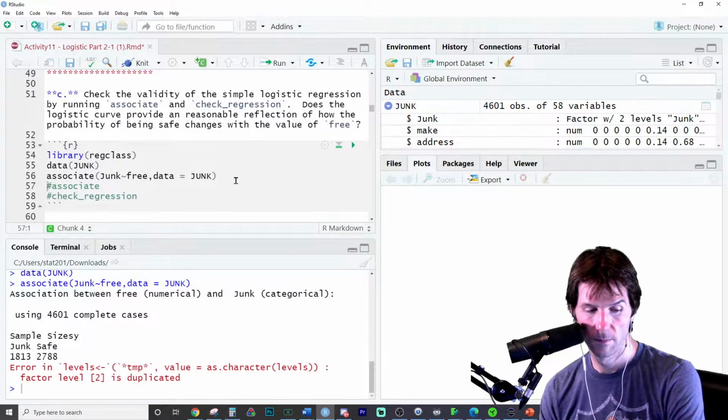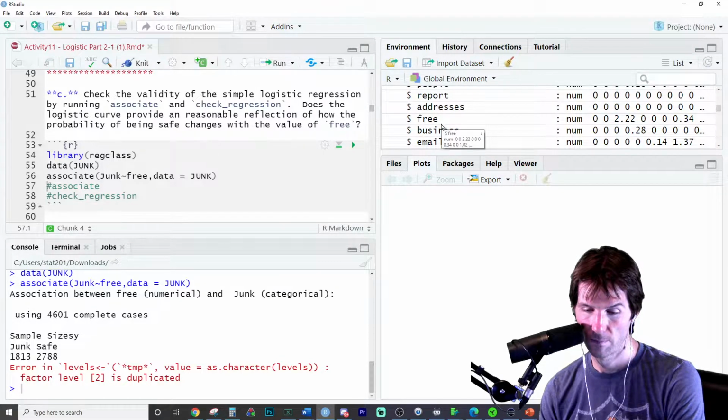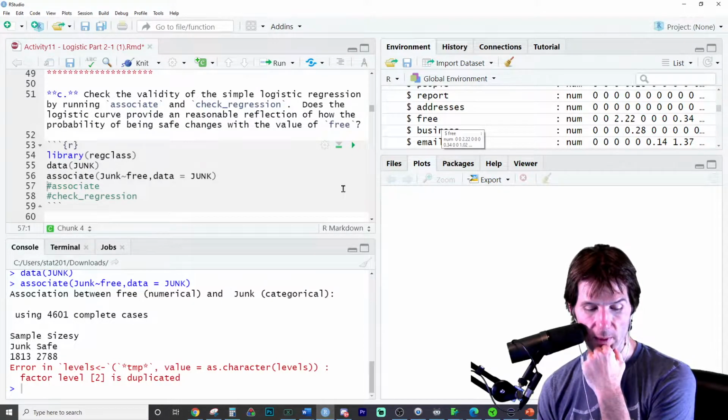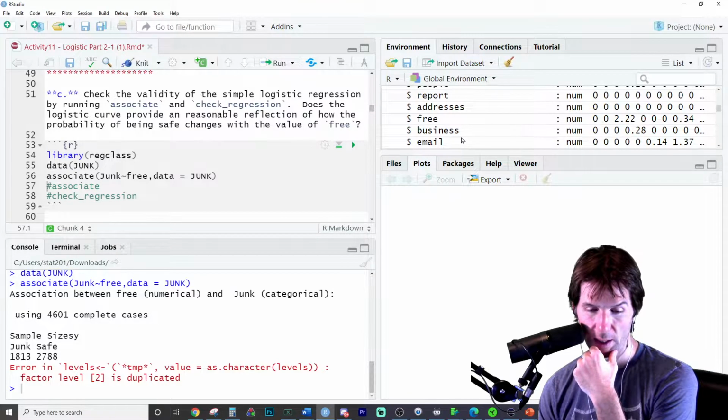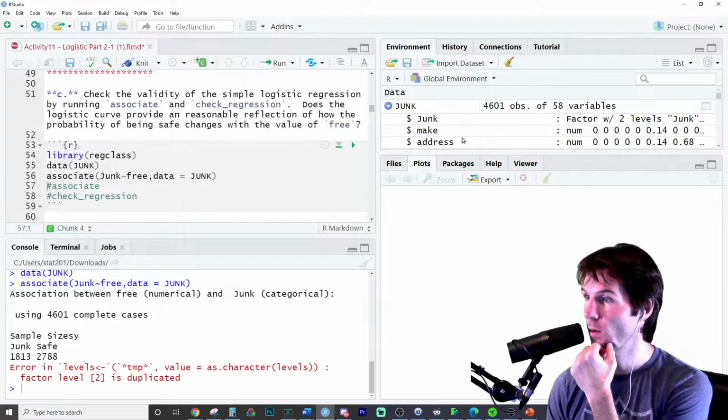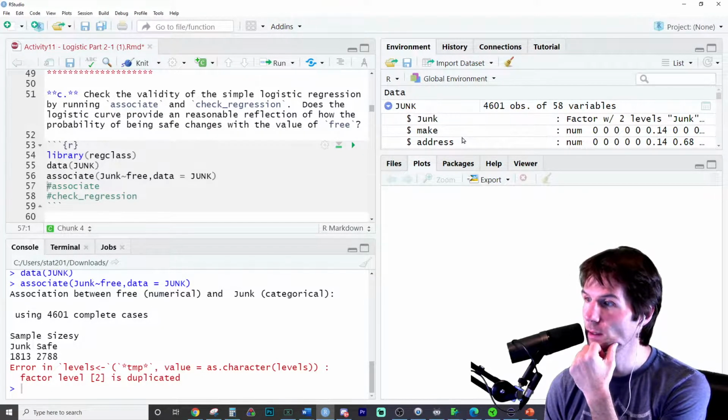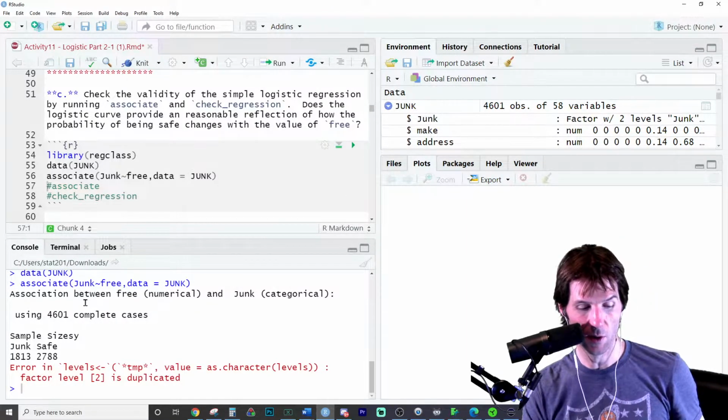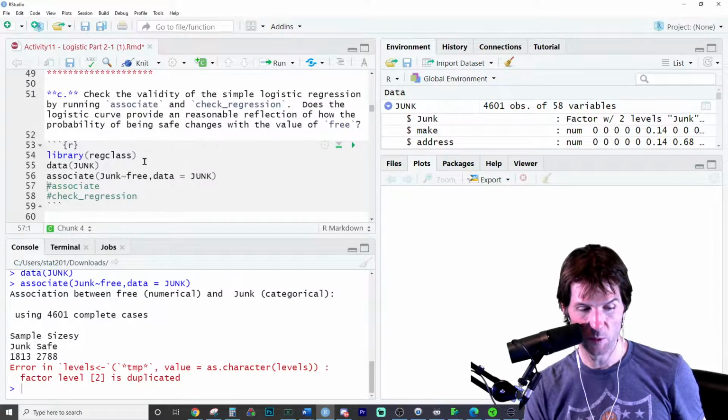It's mad about one of the errors in levels: temp as character levels, factor level 2 is duplicated. Well, I'll have to take a look at that. It's just saying no between one of those tests.